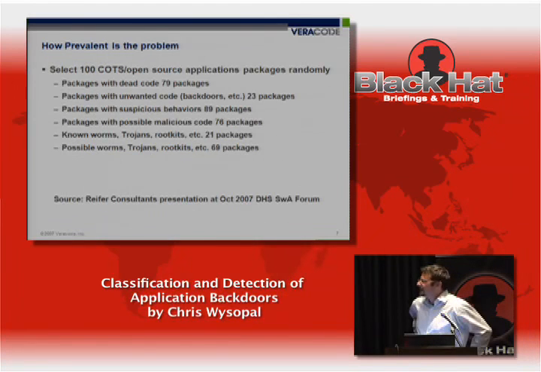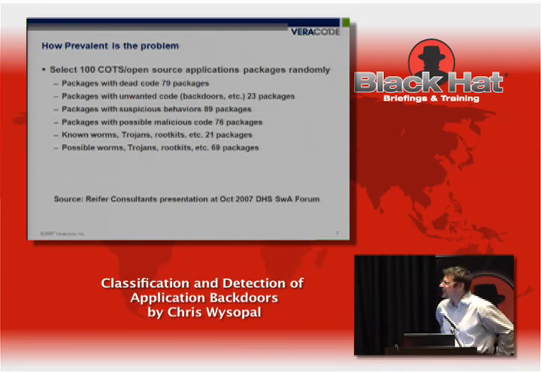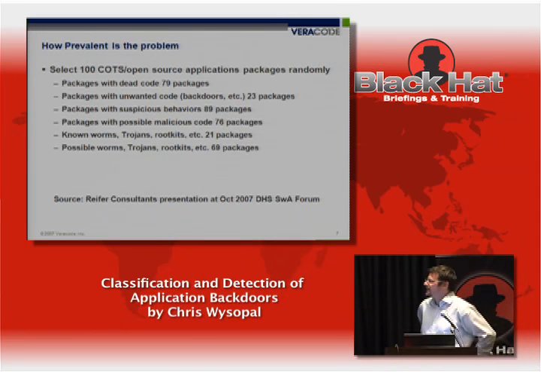There was a talk given last fall at the DHS, where Dr. Reifer from Reifer Consultants, on a DHS-funded study, looked at the types of software sites that government employees are downloading code from and running on their systems.